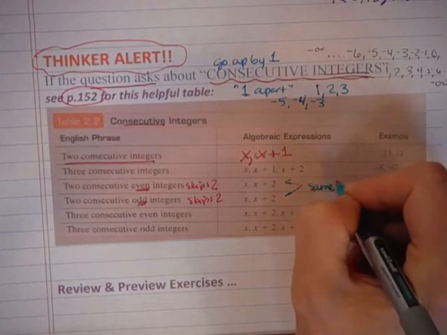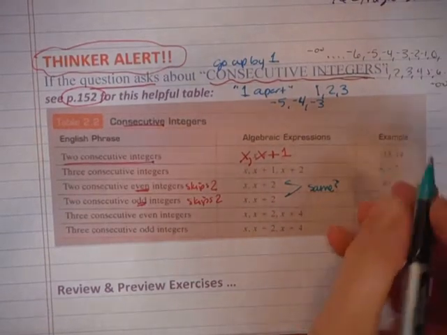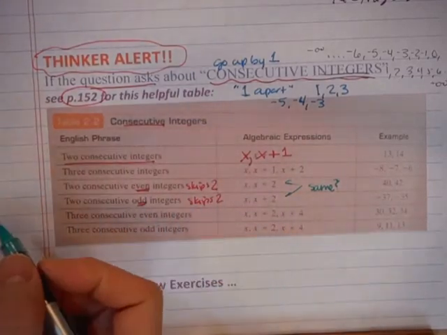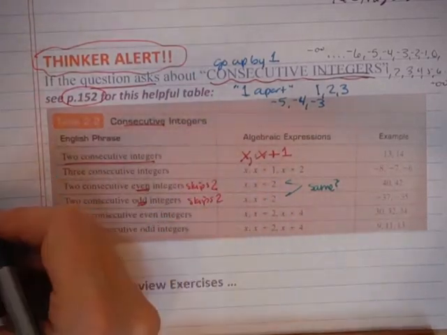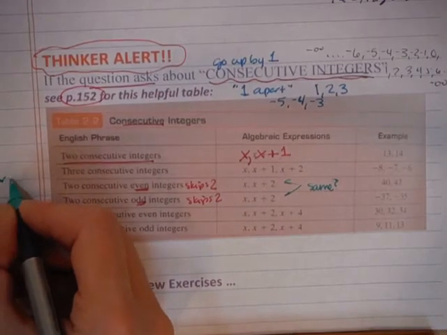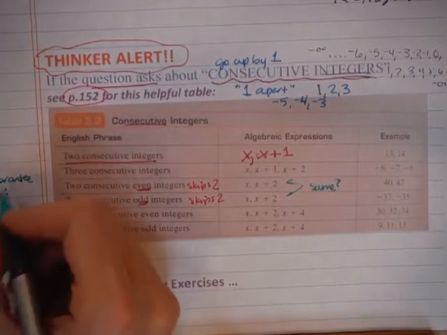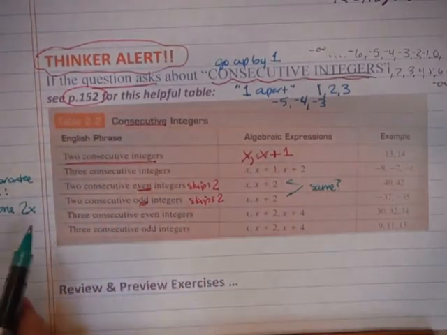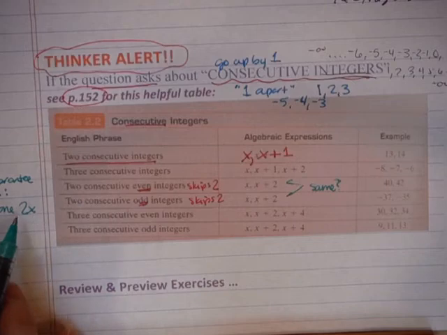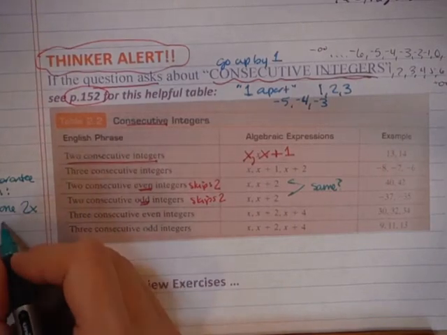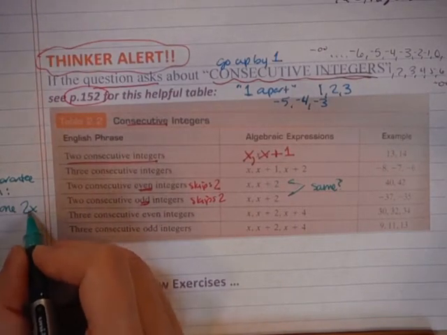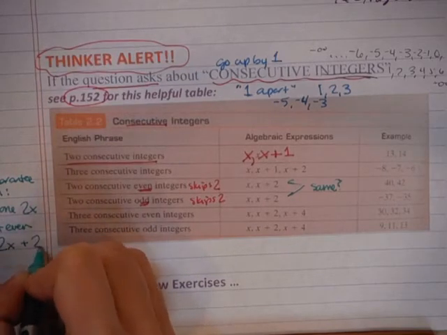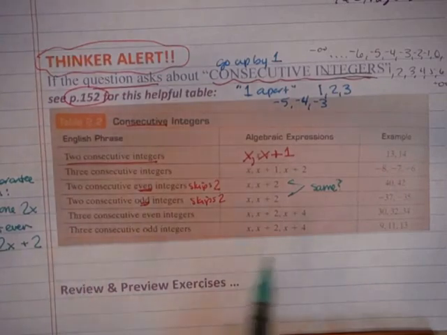Okay, so one of the things that I was taught, and you'll need it later on, but not necessarily for these problems that we're doing today, but to guarantee the even, make the first one 2x. Okay, and but then your answer has to be 2x. Your answer isn't x. Your answer is 2x. And then when you go to the next even, it would be 2x plus 2. So that would guarantee it.